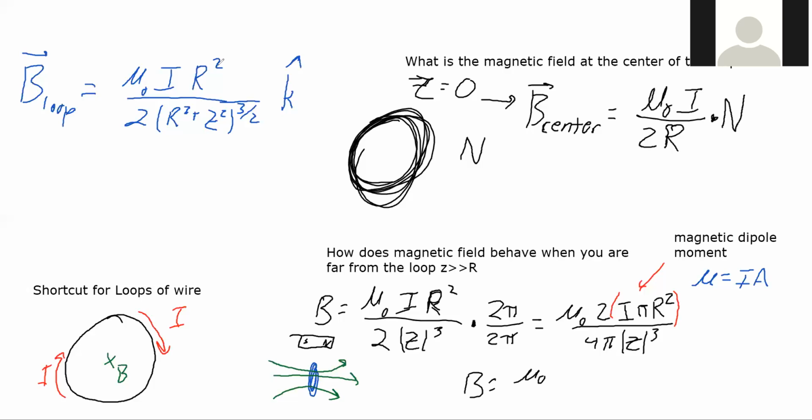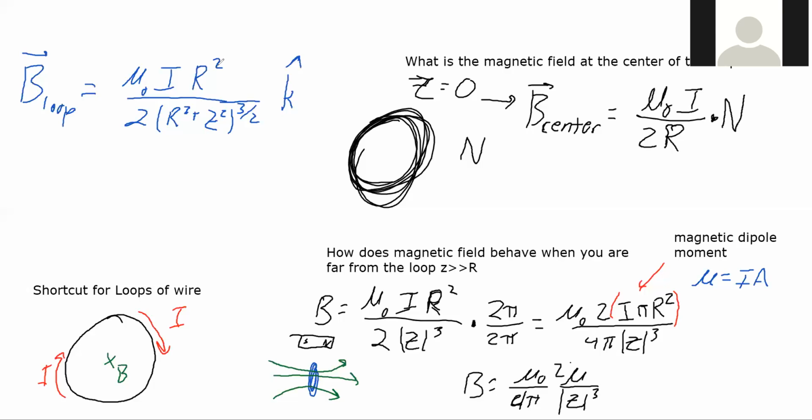Mu0 over 2 pi. I don't know why I multiplied 2 pi. Anyway, 2 pi over 2 pi, times mu over z cubed. Oh, no, sorry. I do have a 2.